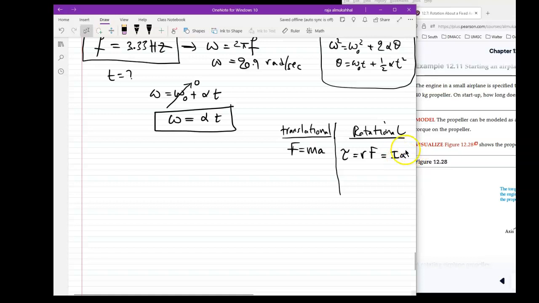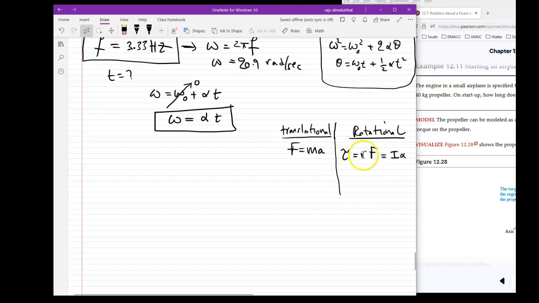So what is I alpha? It's equivalent to ma. Remember ma? Ma is the kinetic reaction of a body as a result of the forces F on it. Okay, so you have a bunch of forces on a body. As a result of that, the mass of that body moves with some acceleration. So the product ma is what we call kinetic reaction.